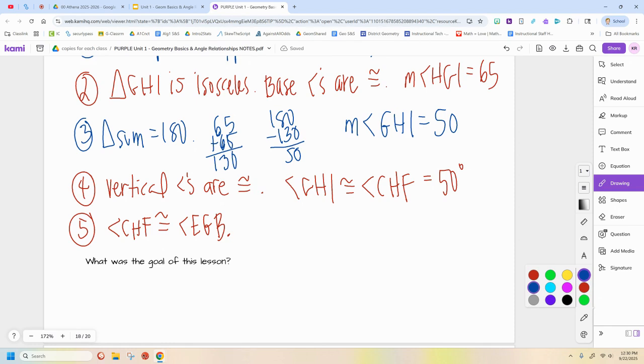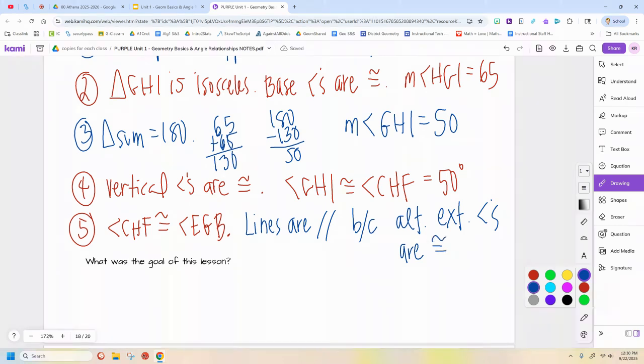And so then lines are parallel because alternate exterior. Do you want me to write the whole words? I think so. Right. Okay. Angles are congruent.